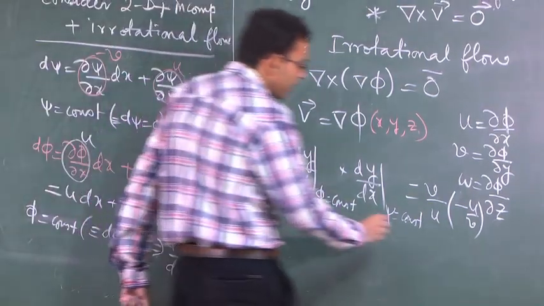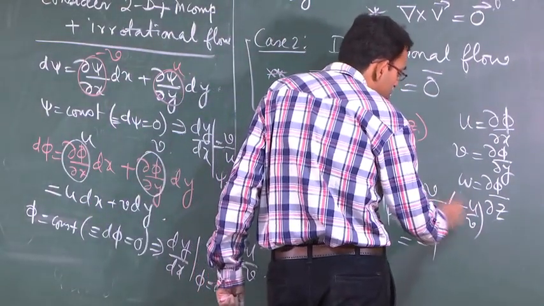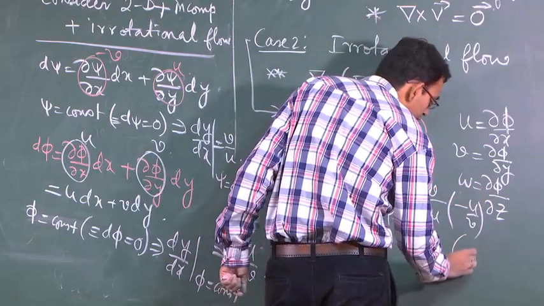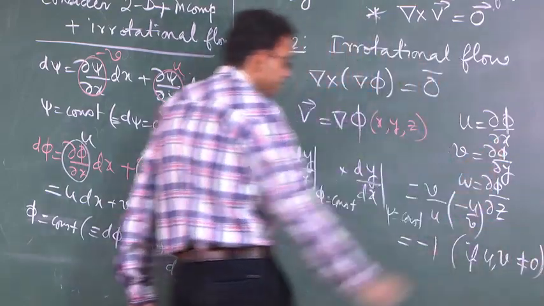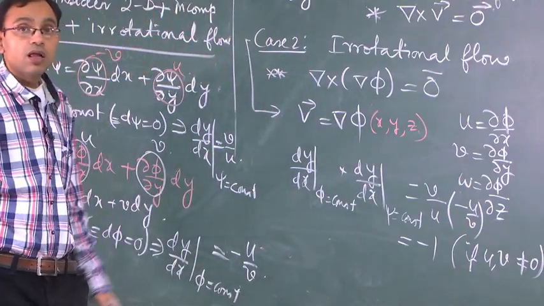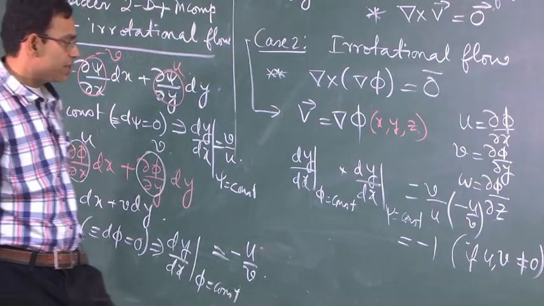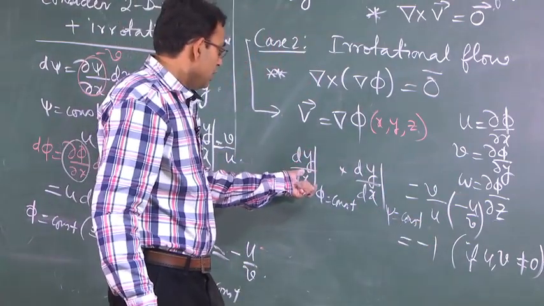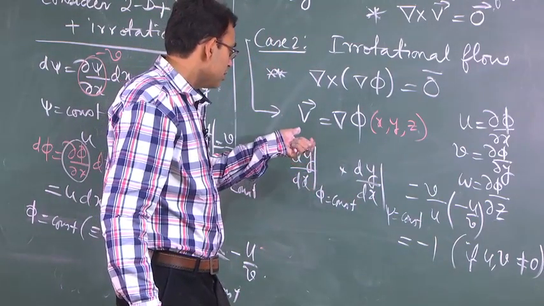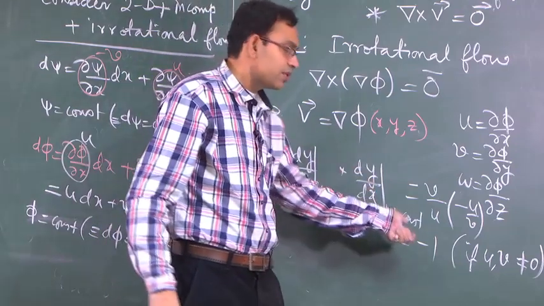This is minus 1, provided you can do this multiplication and cancellation, that is if u and v are not equal to 0. This is very important. So, if u and v are not equal to 0, you can cancel all this and basically the product of these two is minus 1.